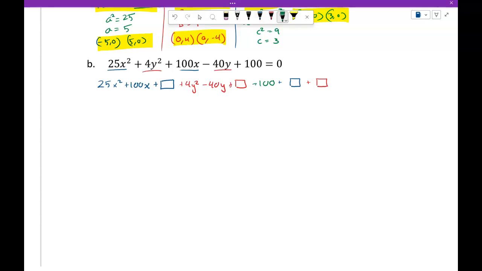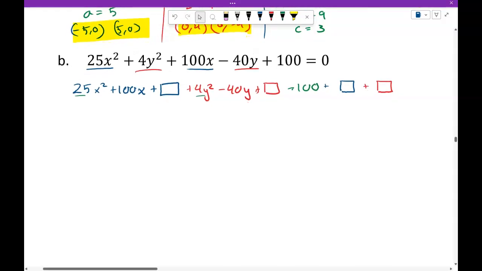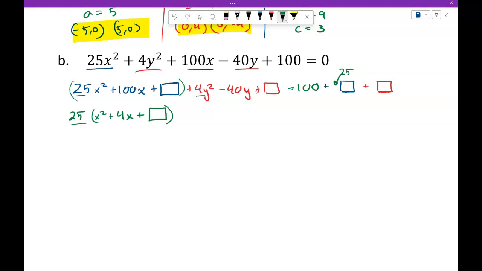Now this time you'll notice that we have leading coefficients. And we can't leave those there when we're completing the square. It's going to make our life a little bit more complicated if we do. So we're going to factor out our leading coefficients, but we're going to factor it within each set. And so I'm going to factor 25 out of my x terms, including that x box, leaving me with x squared plus 4x plus whatever ends up going in this box. Now because I factored out a 25, over here, I need to remember to multiply this box by 25.